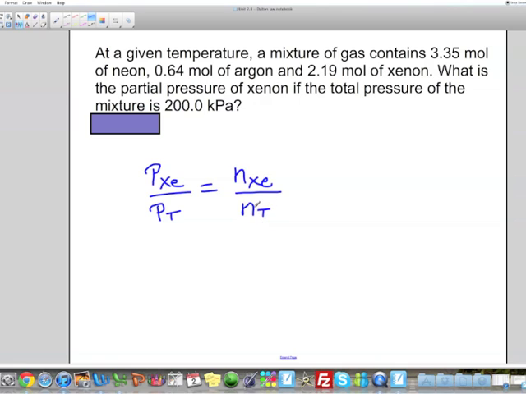Okay, now what do I have? I have the number of moles of xenon, and I have the total pressure, and I have the different amounts of moles. So first I will calculate my n total.